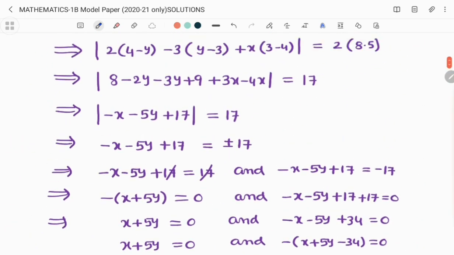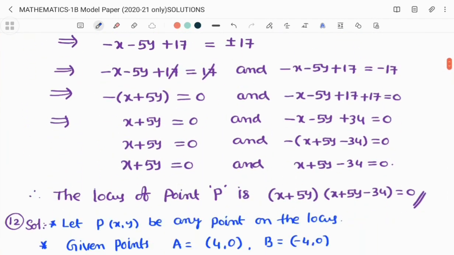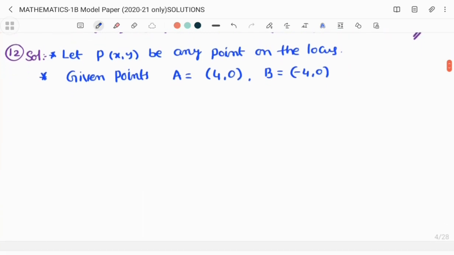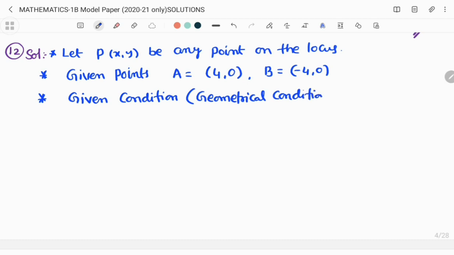Once again I'll show those values here: A is 4 comma 0, B is minus 4 comma 0. And the given geometrical condition is mod PA minus PB is equal to 4.